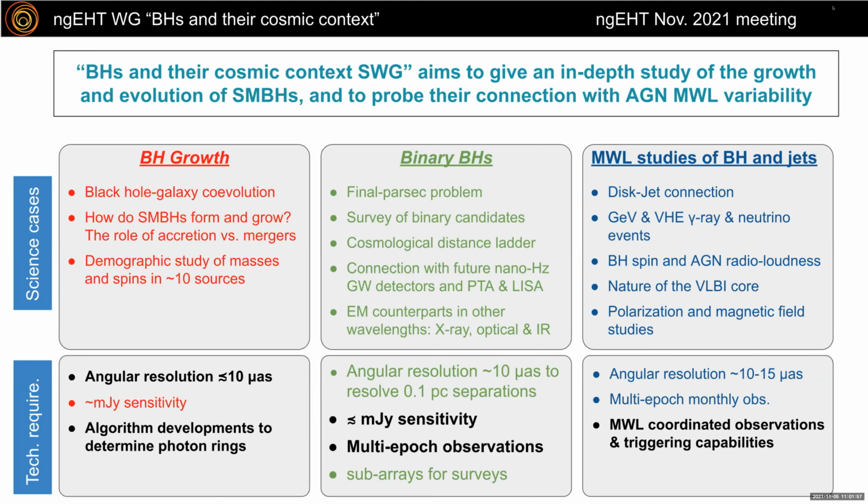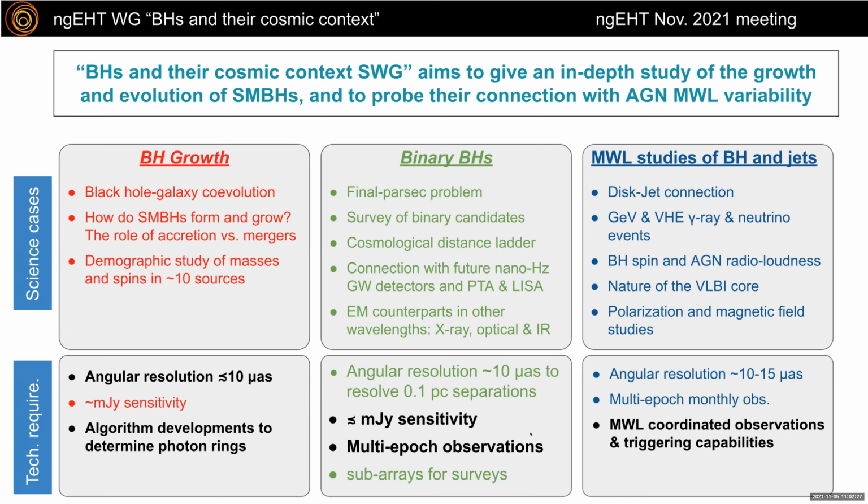So we did the exercise to try to find one main science case for each one of these three different themes, and from the first one we have selected to perform a demography study of masses and spins of about 10 sources, for binary black holes to spatially resolve binaries, and for multi-wavelength studies to try to catch a neutrino event with the ngEHT.